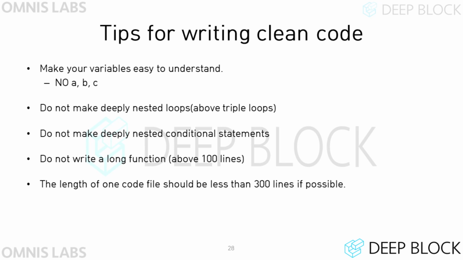Code where the purpose of a variable is difficult to understand is often hard to follow not only for others but also for the original writer. Therefore, it is better to set variable names in a form that clearly states their use instead of variable names that cannot be understood, such as A, B, and C. Also, when writing a loop, it is recommended not to write deeply nested loops more than triple nested.